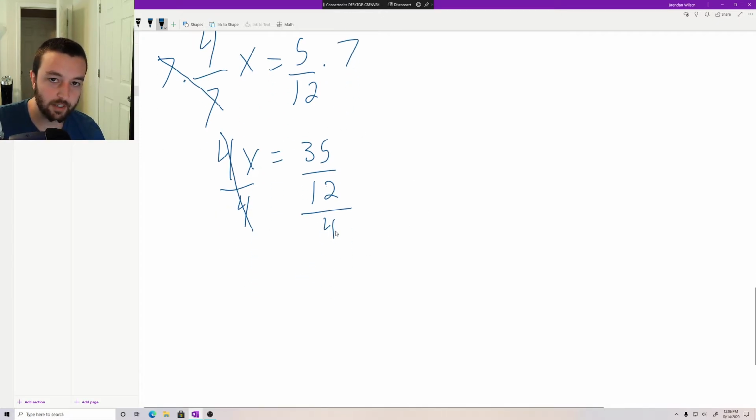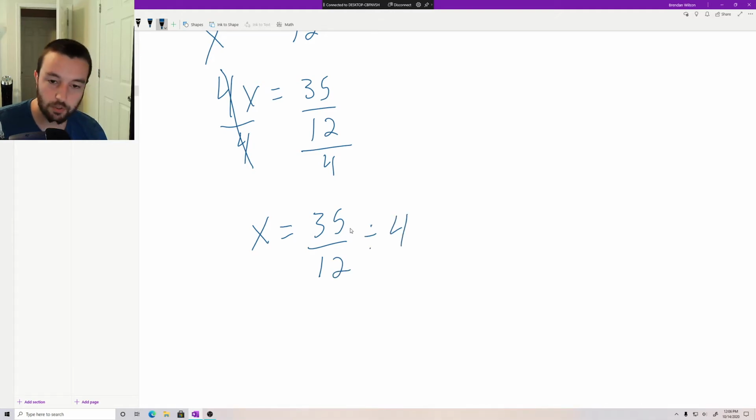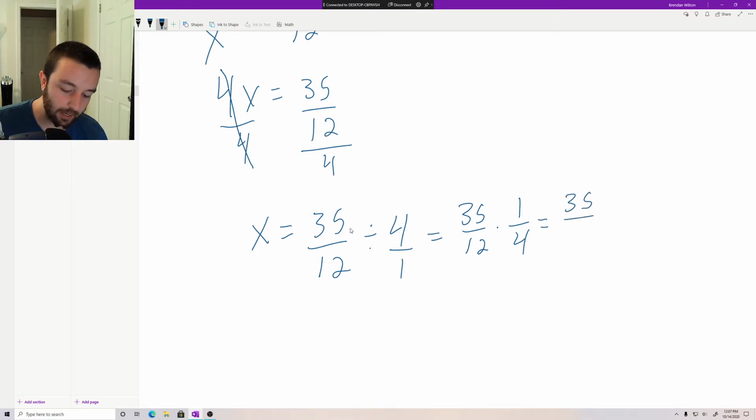Here we have a fraction divided by a number, but if we write it like this, again, it's a little easier to deal with. We do the same thing as we did before with dividing fractions, because remember, this is 4 over 1. So this is the same thing as 35 over 12 times 1/4, because we do the same change flip. Now we get 35 on the top, 48 on the bottom. Okay, so we end up getting the same thing.